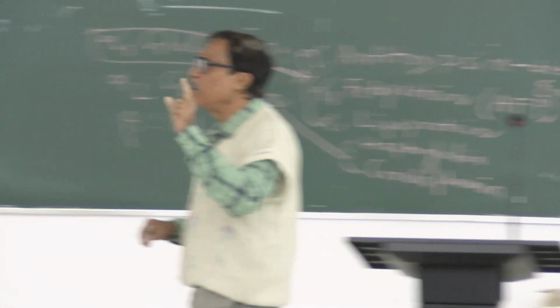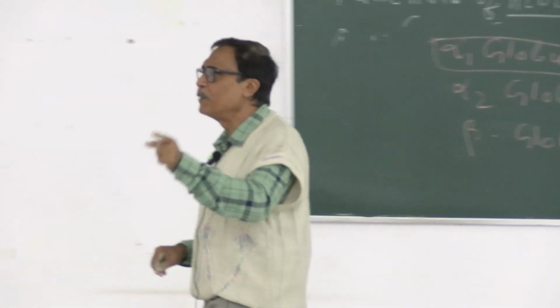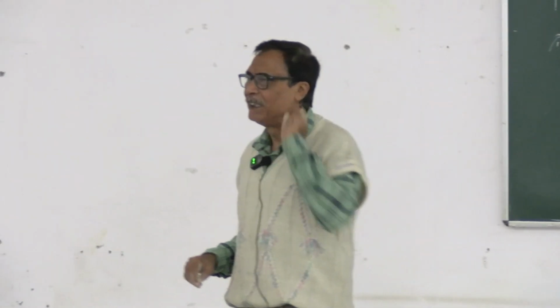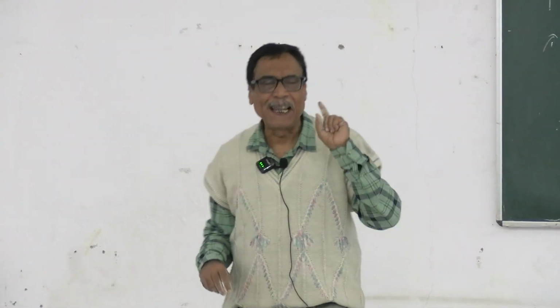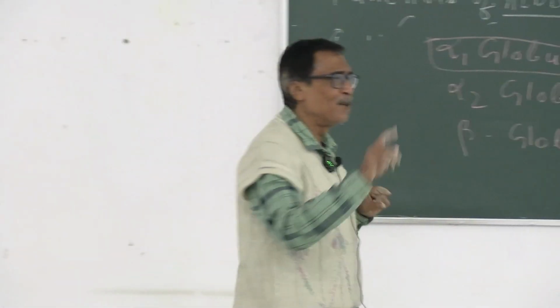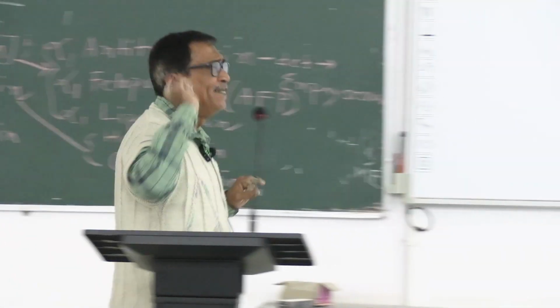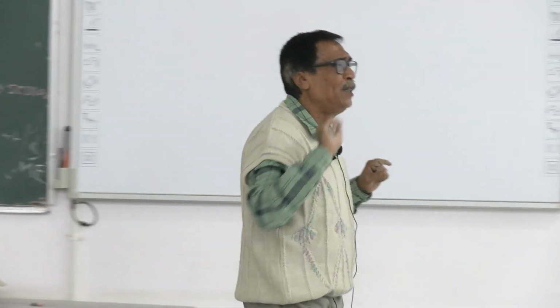The deficiency of ceruloplasmin is a sign of a disease, and the name of the disease is Wilson's disease.